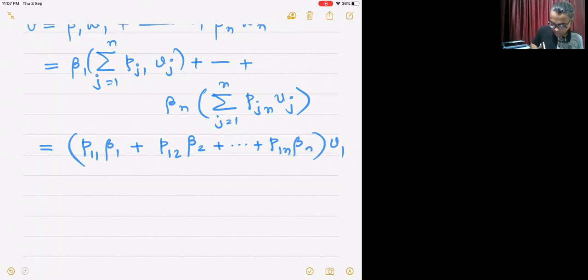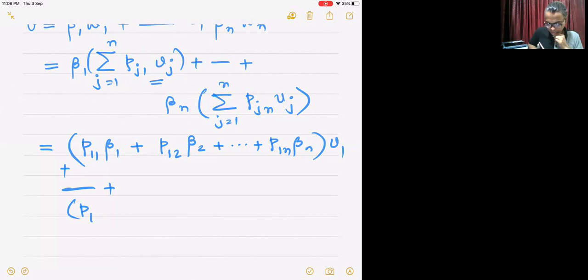This trend will continue till Vn. Here the Vn's coefficient will be, sorry, let me look at this.